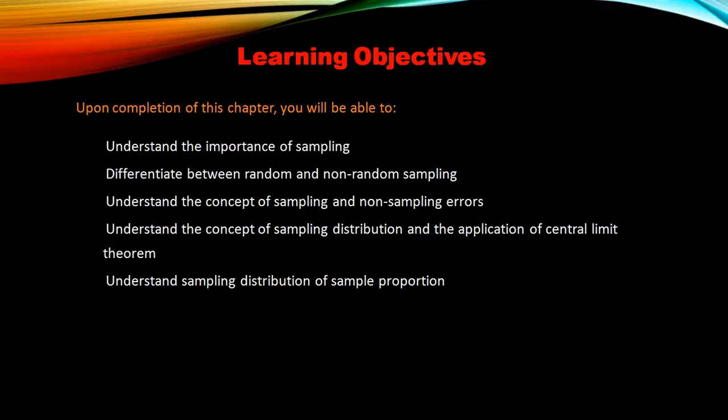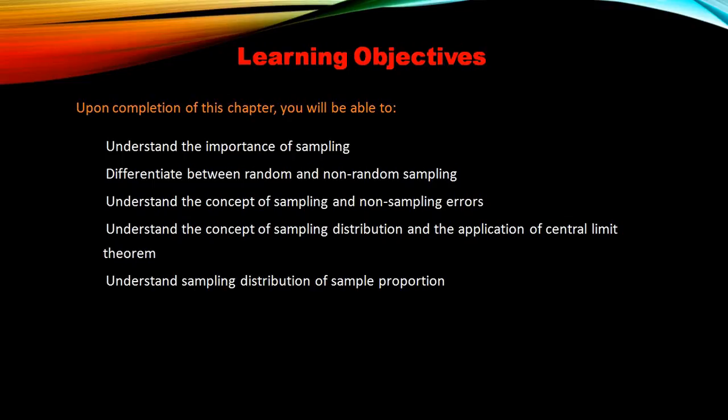Then differentiate between random and non-random sampling, and understand the concept of sampling and non-sampling errors. Then the next two parts, that is understand the concept of sampling distribution and the applications of central limit theorem, and subsequently understand sampling distribution of sample proportion.